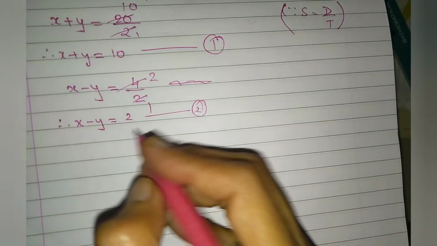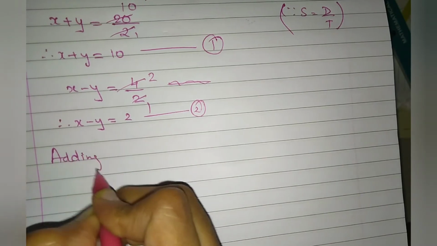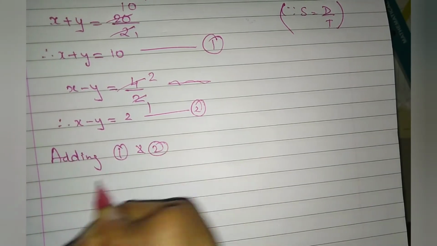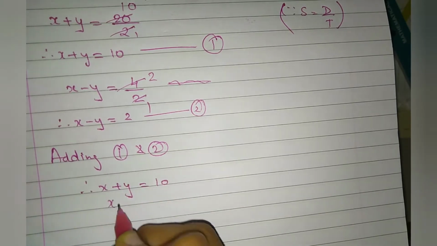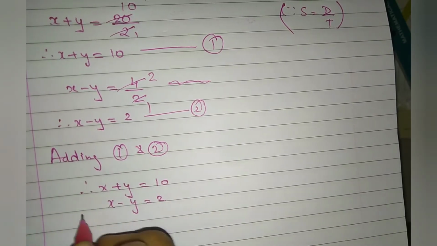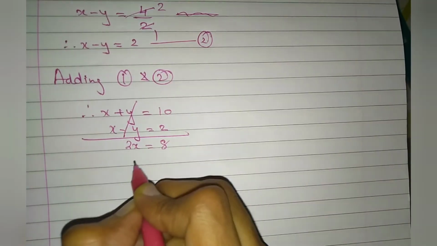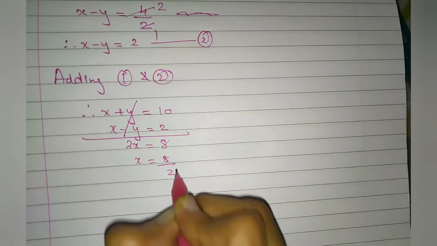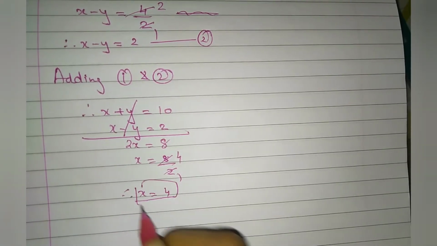Okay, now what we have to do, we'll add 1 and 2. So x plus y equals 10 and x minus y equals 2, the y's cancel, 2x equals 10 plus 2, that is 12... so x equals 12 upon 2. Therefore x equals 4 is the answer.